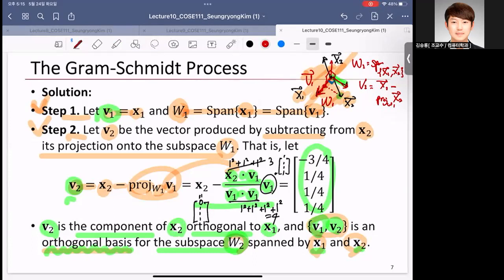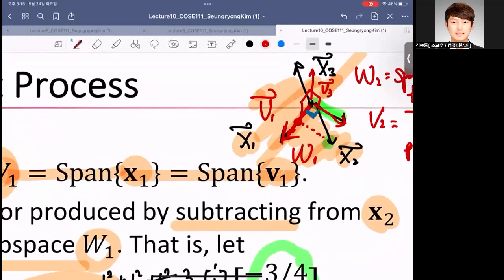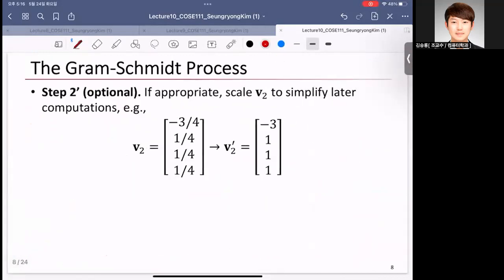Maybe I mean the v3 should be orthogonal to the subspace W2. Then v1, v2, and v3 can be the orthogonal basis for the arbitrary subspace W. Right, so let's do that.